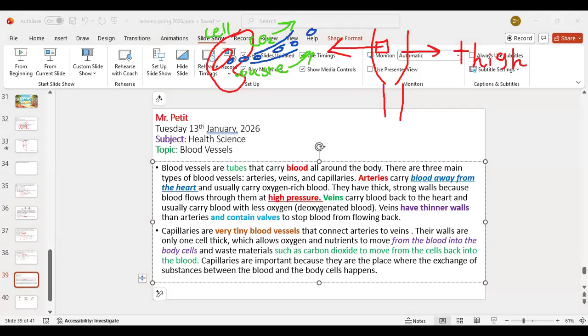Which blood vessel can be compared to a scrawny young man? Veins. Very good. Which blood vessels have valves? Veins. What is the purpose of valves? To stop blood from flowing... To prevent the what?